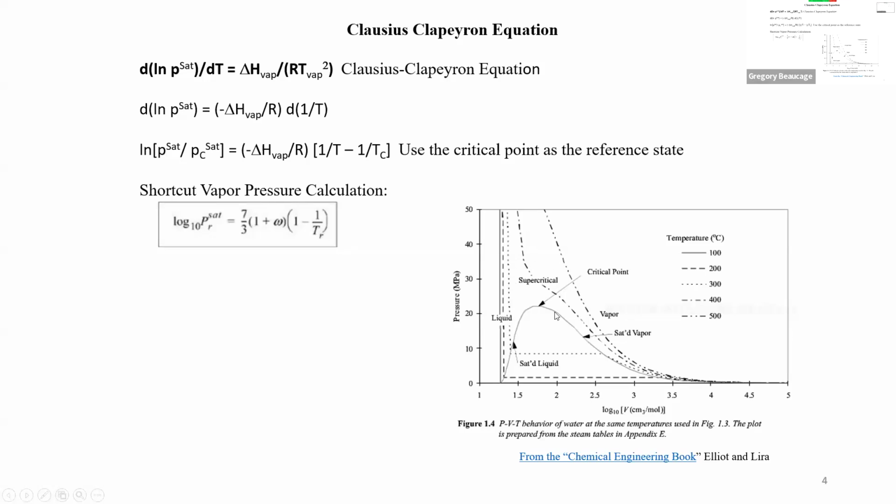At some point, that attraction becomes enough that the water will separate into a liquid with a vapor that's in equilibrium with it. So you have pressure, volume, liquid, and vapor in equilibrium with each other. The exact point where you go from ideal gas to two phases is the critical point.